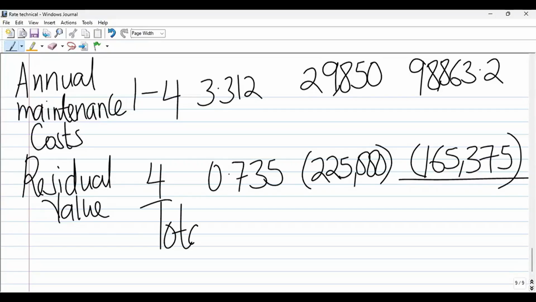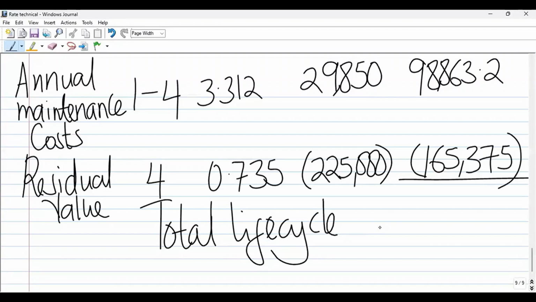So come and get the total life cycle costs. How much do we have? 397,000.